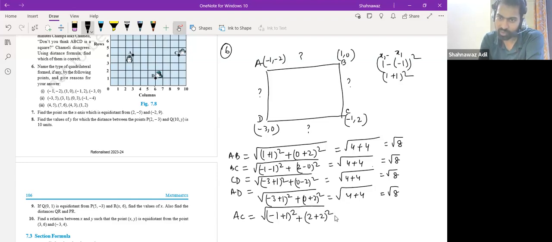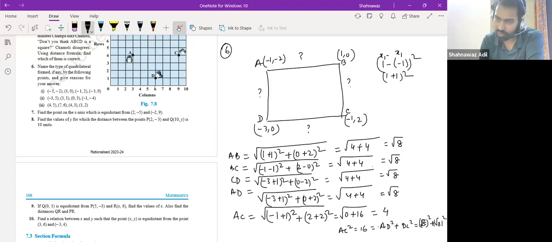So minus 1, 0... so 0 plus 4 squared, which is 16. Now AC squared is 16, which is equal to AD squared plus BC squared, root 8 squared and root 8 squared.